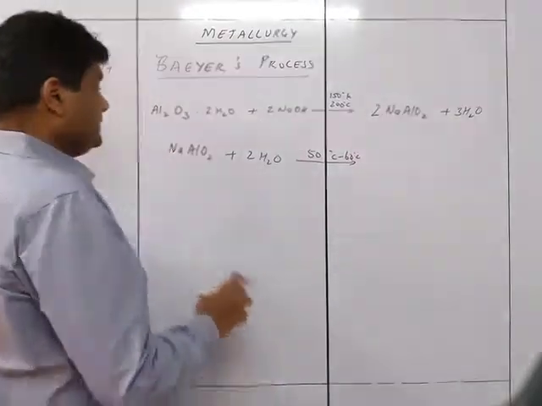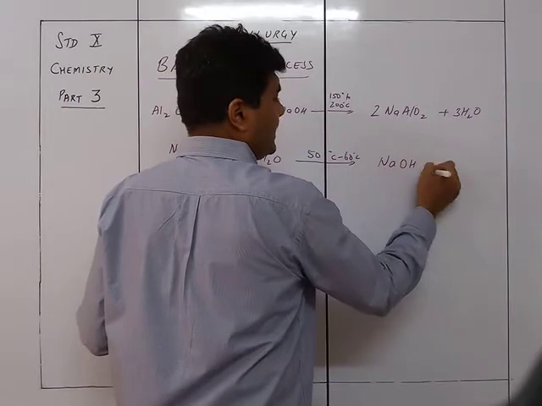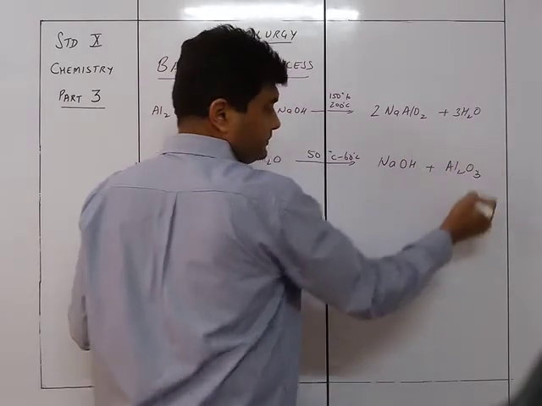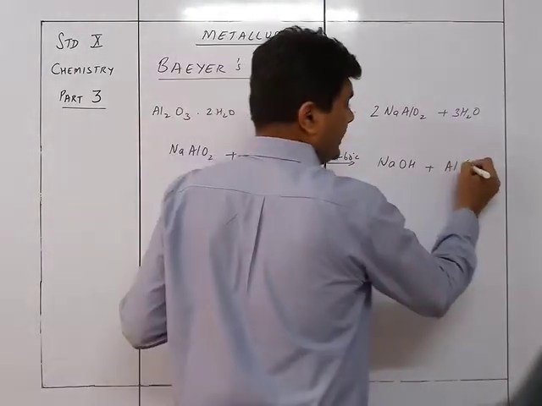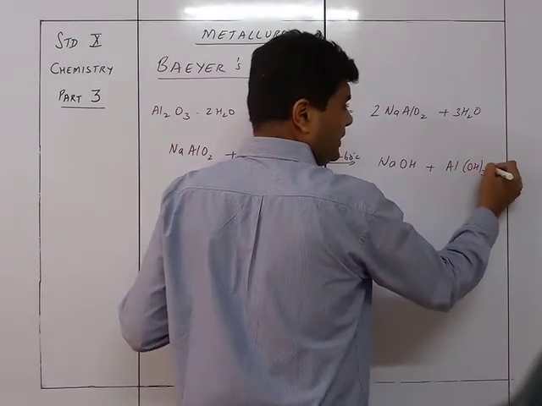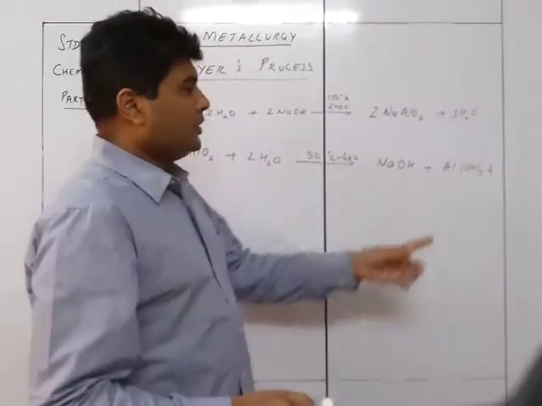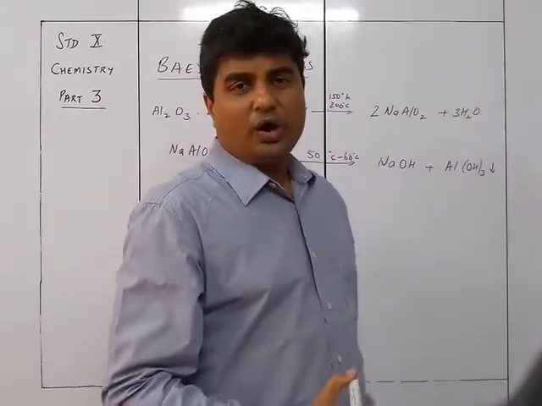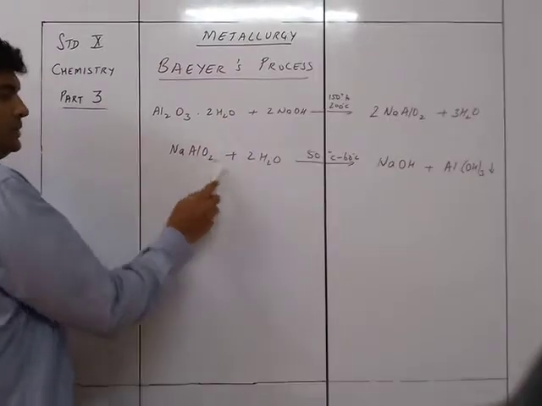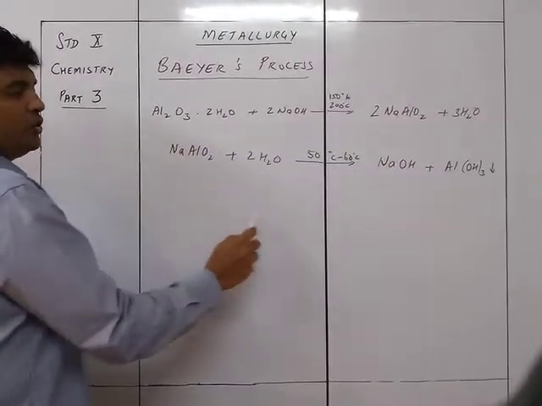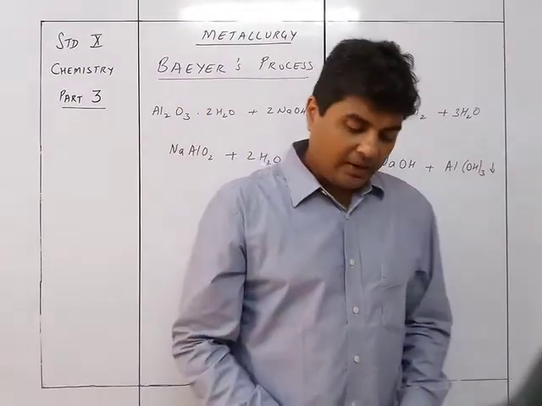On doing so, it is going to decompose and form NaOH plus Al(OH)3. The moment you do this, you get a precipitate of Al(OH)3. This salt, when heated, forms NaOH plus Al(OH)3, which precipitates down.